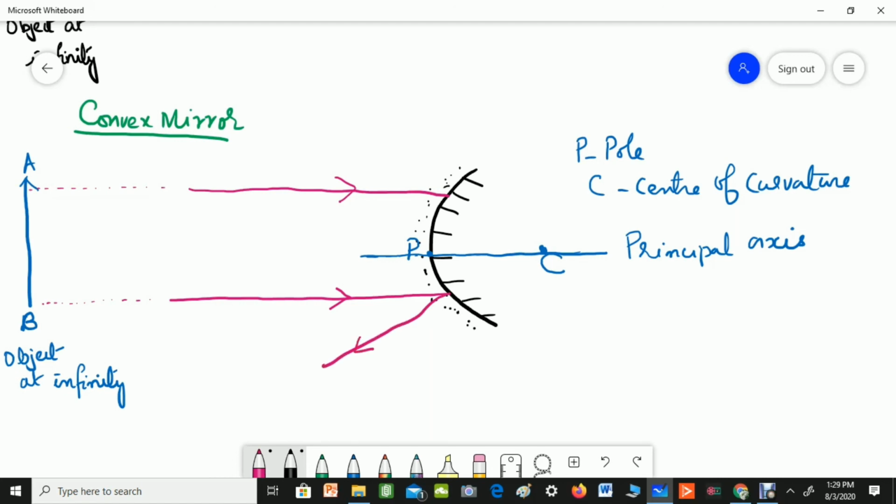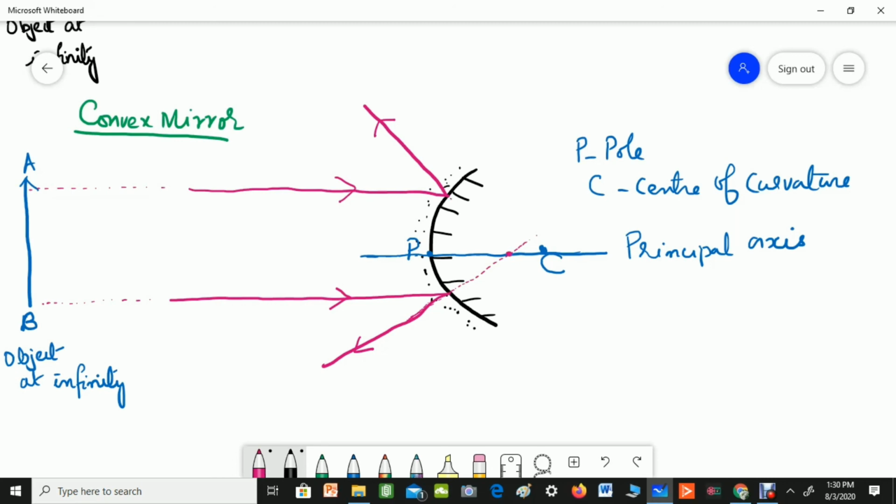So, reflected ray. This is also reflecting back, and these reflected rays actually appear to come from a point on the principal axis. Okay, so when I extend this reflected ray, it appears to come from a point on the principal axis. I'm just extending it along this line. It meets over here on the principal axis.